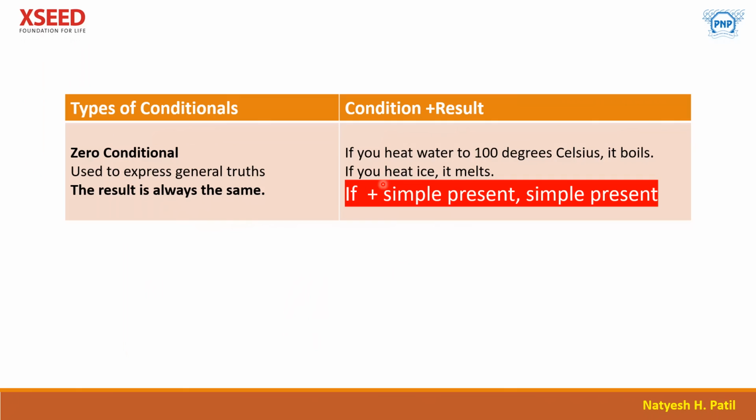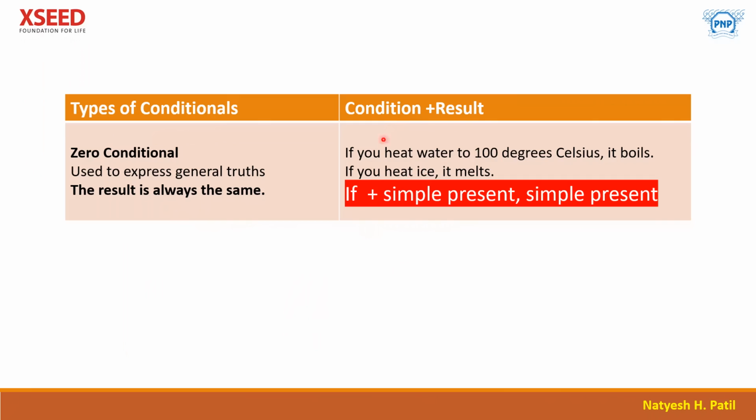Even if we heat ice in Alibag or any other place, it is going to melt whenever we give heat to it. Correct? So how do we use it? If plus simple present, and the last part would also be simple present. It melts, it boils. Here we have used if plus simple present, and here also simple present.